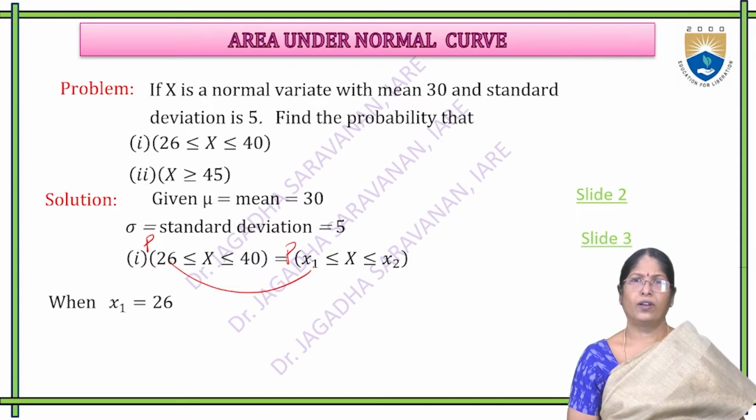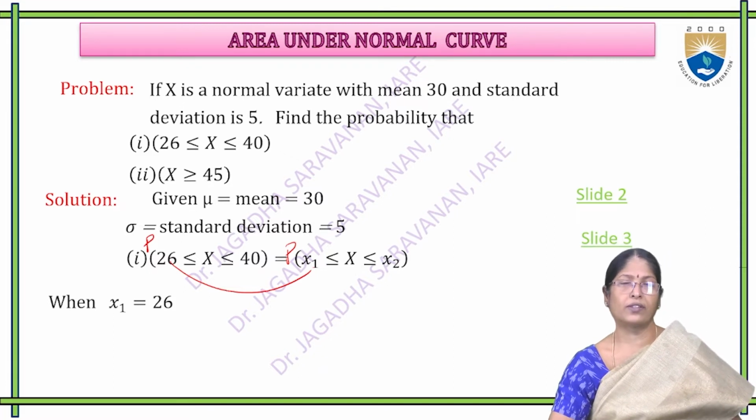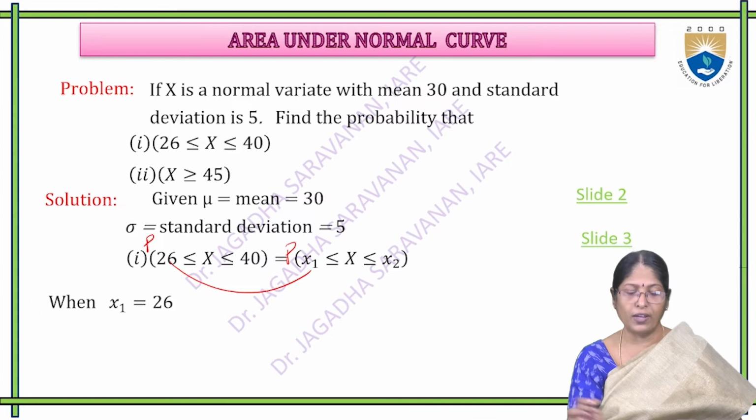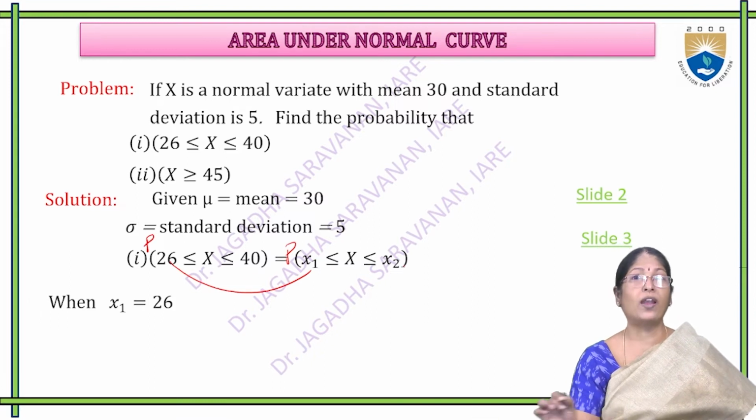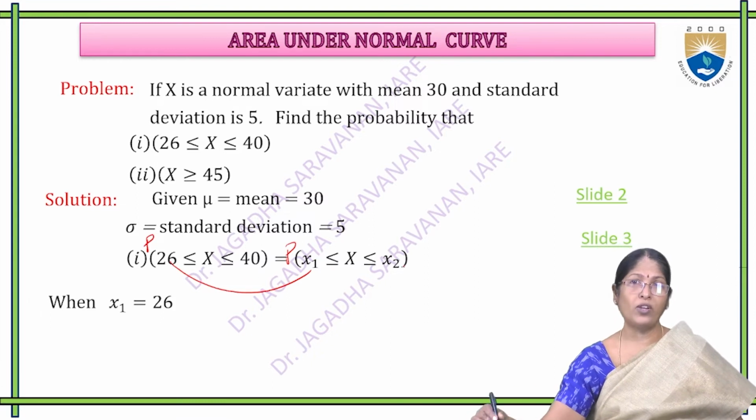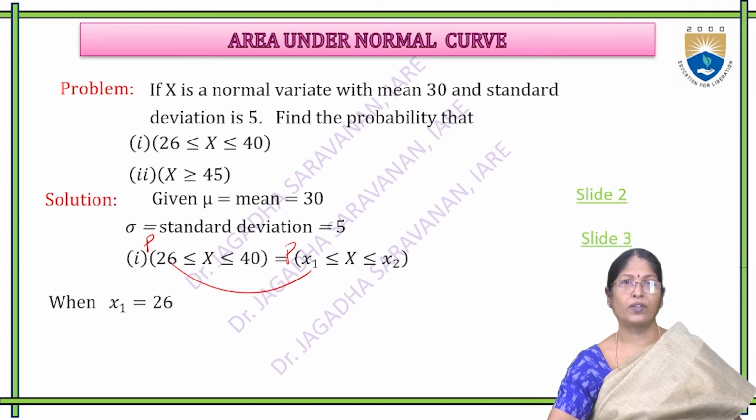Just now we discussed the normal curve's area under three different diagrams. We plotted the points z1, z2. But here the question is in x1 and x2. To plot in the normal curve, a scale is required.